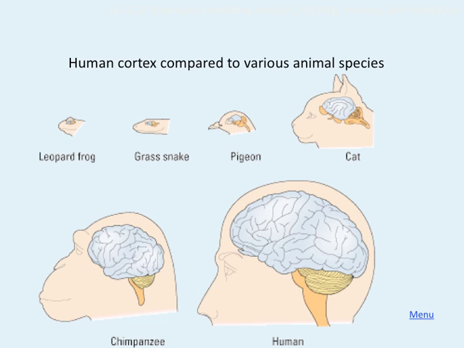In the top row, you can see the forebrain, or the new brain, which is the frontal cortex, and the hindbrain, which is our basic evolutionary instincts. As the animals get larger, the frontal cortex is larger. But the most important thing is comparing the chimpanzee and the human. The chimpanzee is our closest animal relative, and you can see that their brains are not that much smaller than ours.